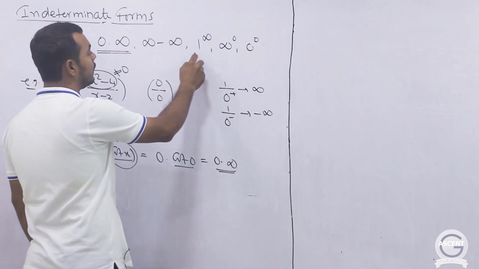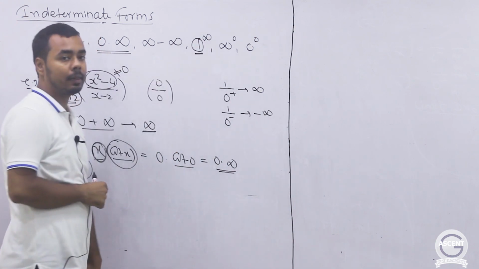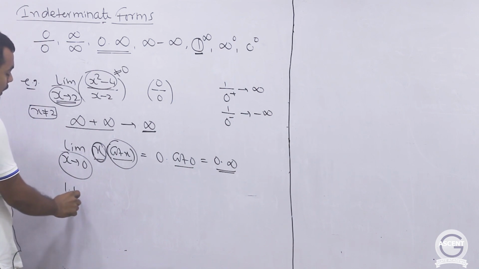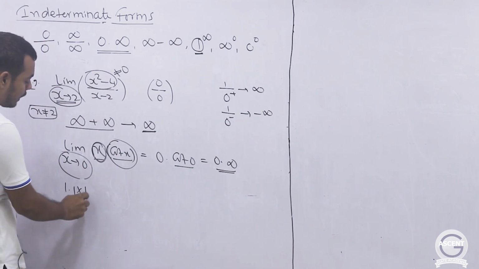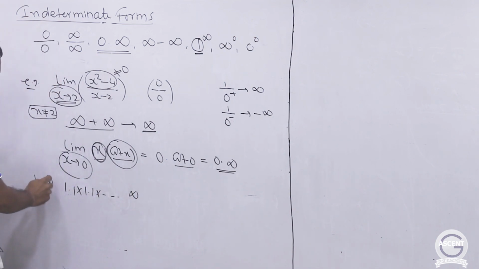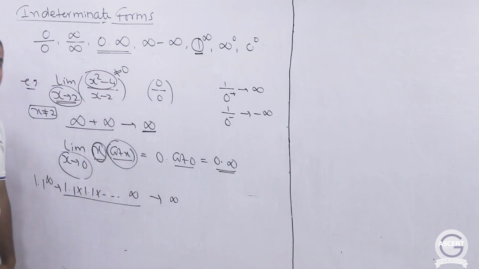1 to the power infinity is also indeterminate because if you have a number slightly greater than 1, say 1.1, and you multiply 1.1 infinite times, 1.1 raised to the power infinity, this will approach infinity.